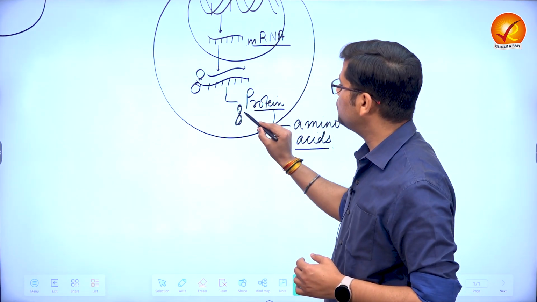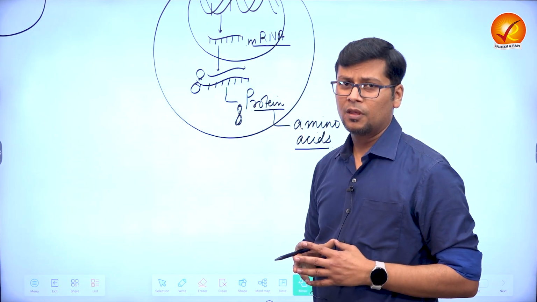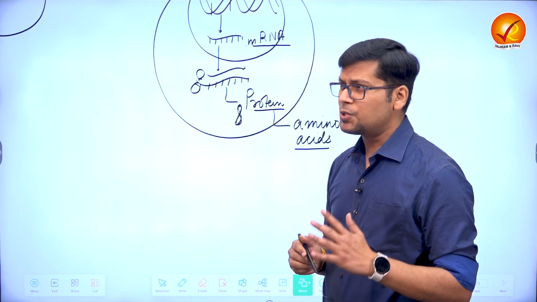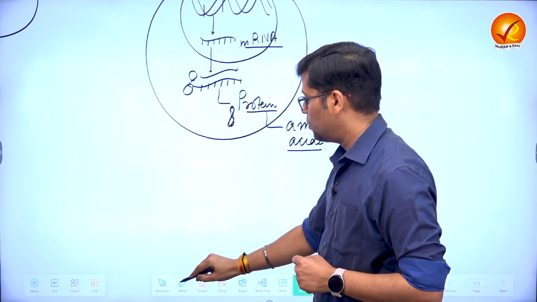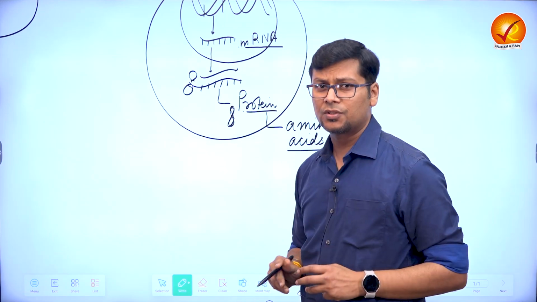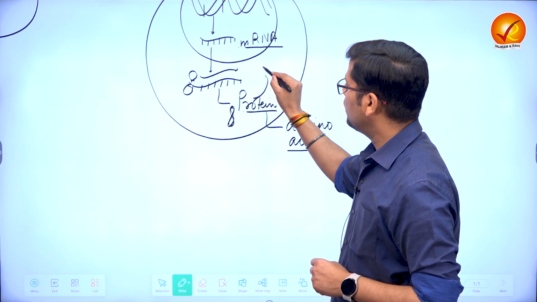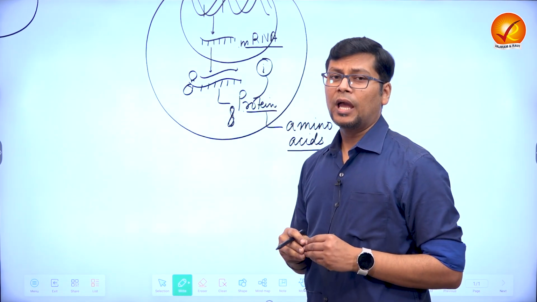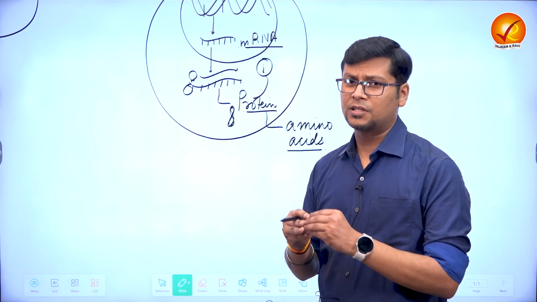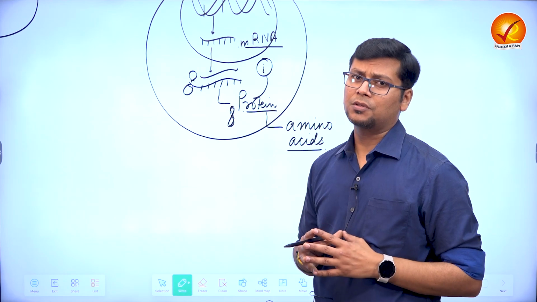What happens to these proteins which are created from a gene? People, this protein can have multiple fates, or you can understand addresses or destinations. One, the protein could be produced and required within the cell itself by the cell, called intracellular proteins.